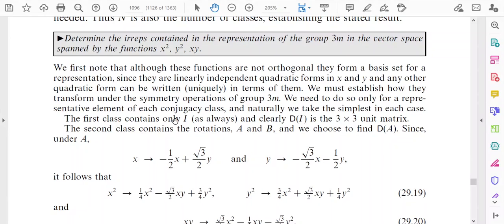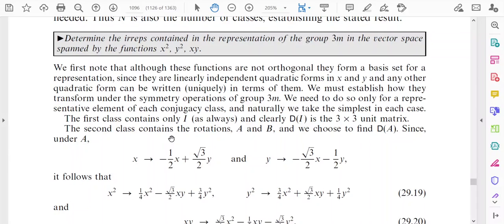Let us start with the identity element I. For the identity element, the representative matrix D(I) will be the 3 by 3 unit matrix, as there are a total of 3 classes. The second class contains the rotations A and B, which are related by a similarity transformation, so we can consider just one element. If we find D(A), then D(B) will be the same.